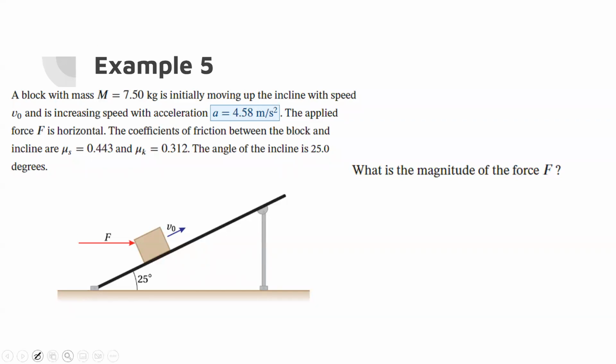For a problem like this, the main thing is that instead of defining our coordinate system like we normally would, we're going to shift it so that the x direction is parallel to the slope and the y direction is perpendicular to our slope.